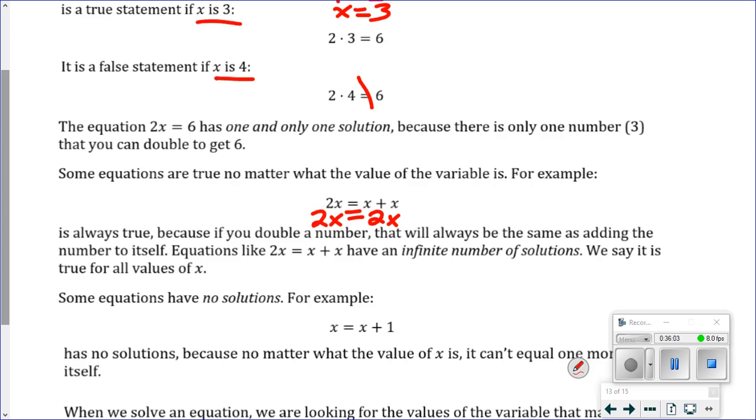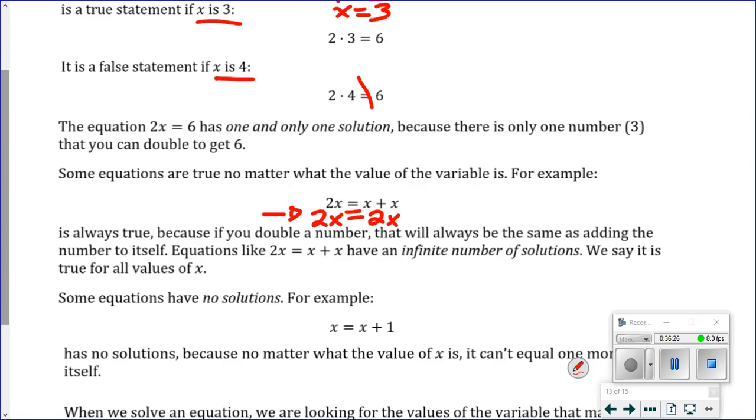So please notice the difference between this example versus the previous one. The last example we did has one solution for x. X is 3 and can only be 3. In this example, I can input any number for x because the two sides are balanced, and no matter what I input, I will always get that balance.